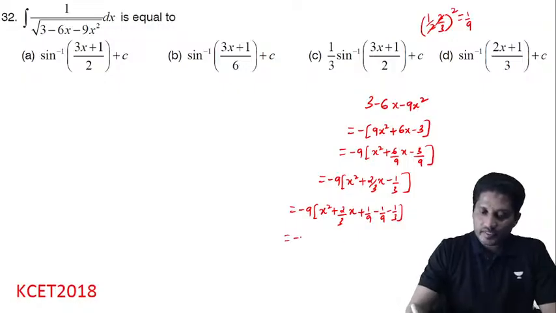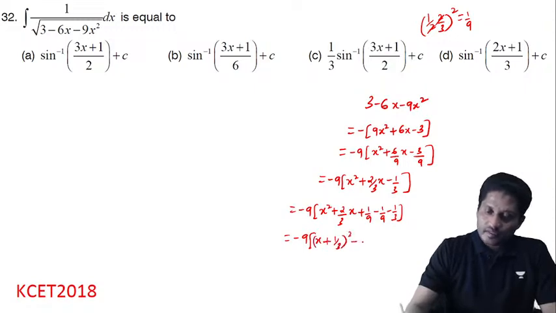This is equal to minus 9 times. The first three terms give x plus 1 by 3 the whole square. If I take LCM 9 here, you get minus 1 minus 3, so minus 9 times x plus 1 by 3 the square minus 4 by 9.